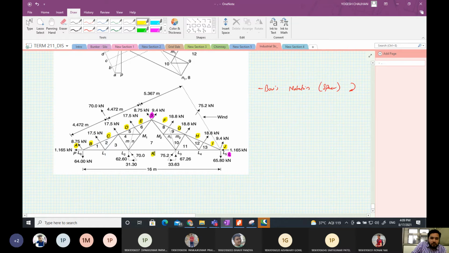Then this is the same as earlier, but we have one additional space created between this. So we give this S, P and L, they are additional spaces created for the wind load case. Then the inner members: 1, 2, 3, 4, 5, 6, 7, 8, 9, 10, 11, 12, 13.